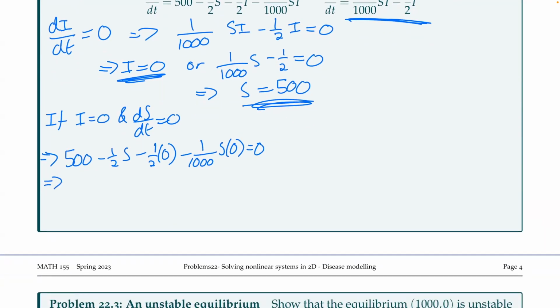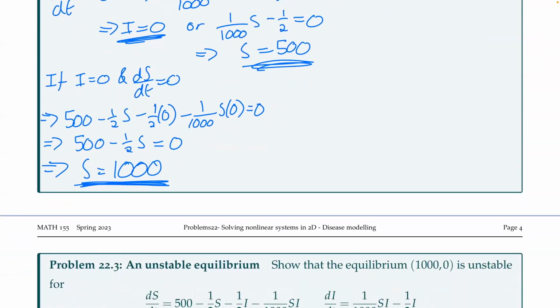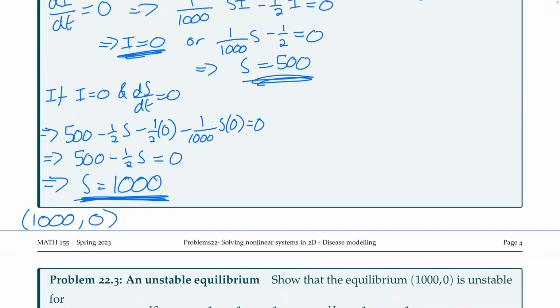So if we cancel out those zeros, we get 500 minus a half of S must equal 0, which implies S is equal to 1,000. So we know one of our fixed points already is going to be S is equal to 1,000, I is equal to 0.